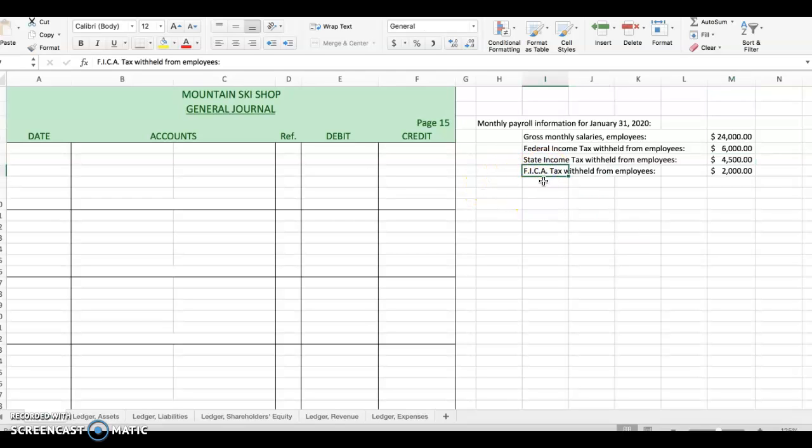And finally, FICA is withheld from the employees. As you know, this encompasses 2 big areas, Social Security and Medicare. And again, these are federal programs and are required by law to be withheld from our employees, and that amounts to $2,000. So let's take a look at the journal entry.